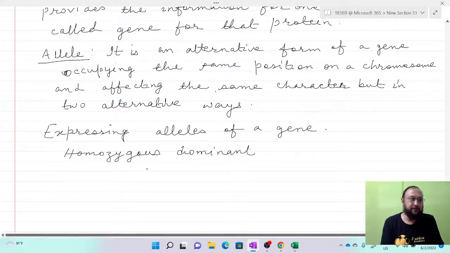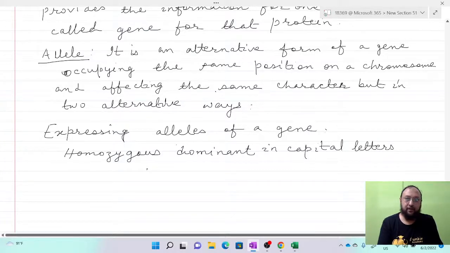Dominant in capital letter. I told you in the beginning, when I started the terminologies, capital letters. The example is tallness. So it will be capital T, capital T.